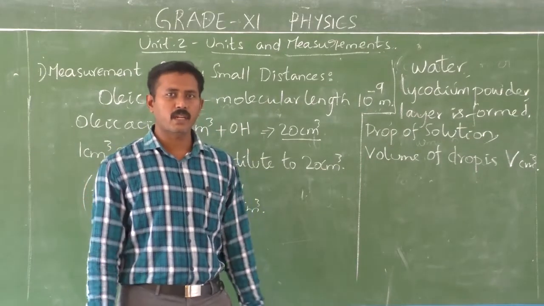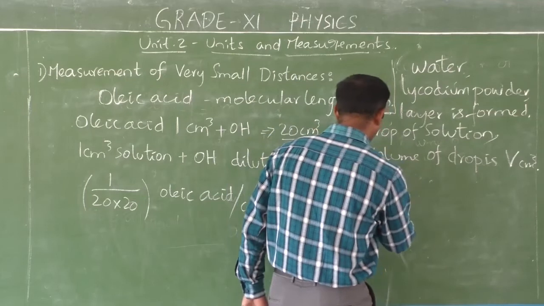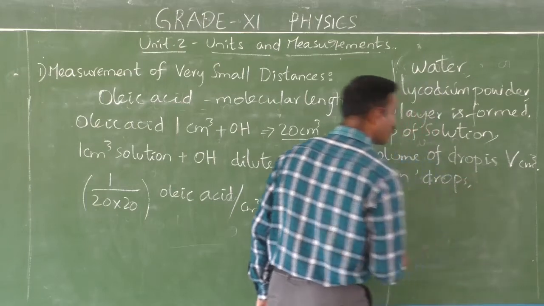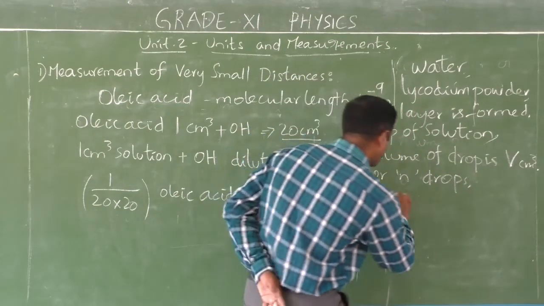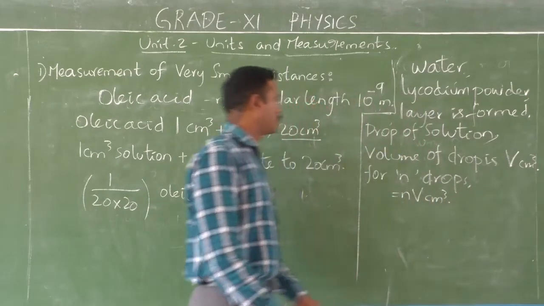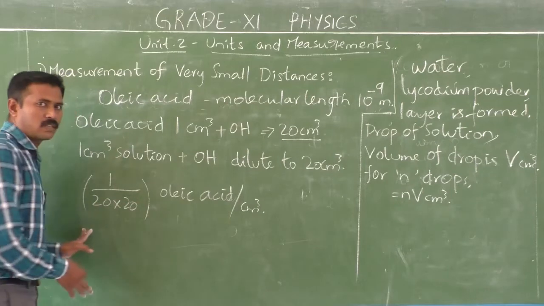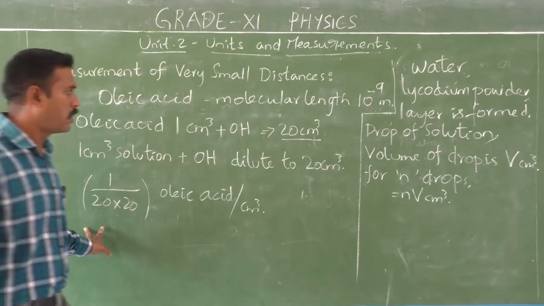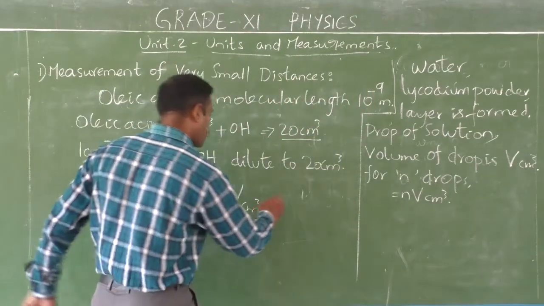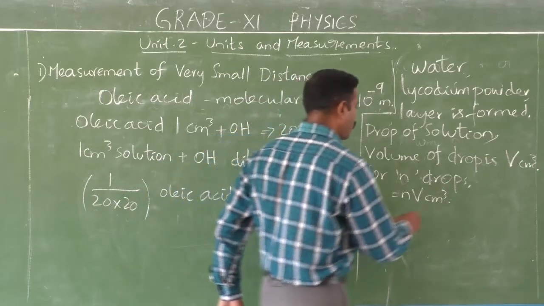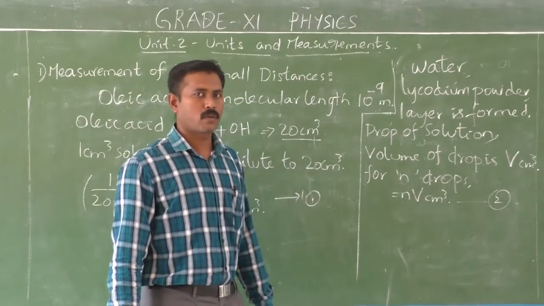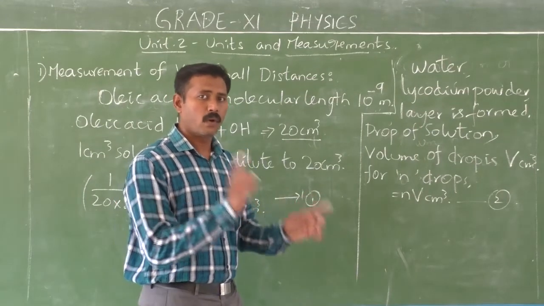If I put n drops, the volume will be nV centimeter cube. Already I have the concentration of oleic acid in the solution and now the total volume. So using these two equations, the first one and the second one, I can find the total amount of oleic acid present.